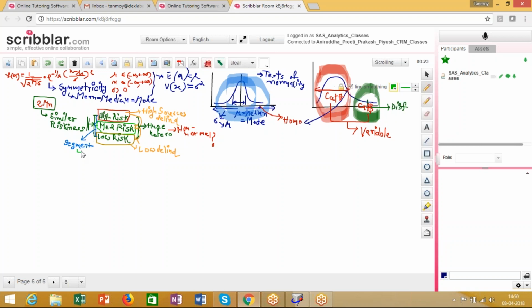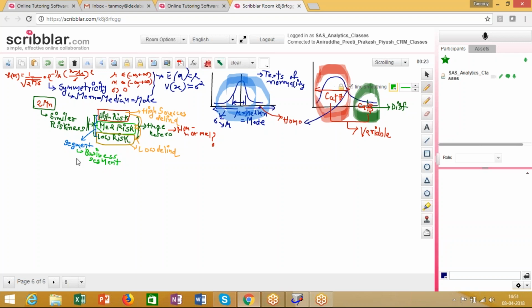So one good type of segmentation is a business segment, or business segmentation approaches.